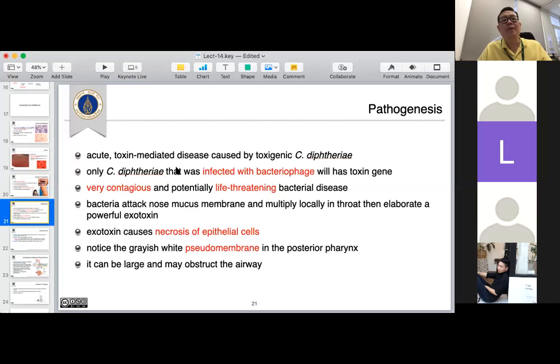The phage that infects C. diphtheriae contains the toxin gene. Once they infect the bacteria, the virus chromosome integrates into the chromosome of the bacteria, and the toxin gene in the virus can work once the chromosomes of virus and bacteria combine. We call this a prophage, and those strains of bacteria that get infected have better ability to attack you than the others.